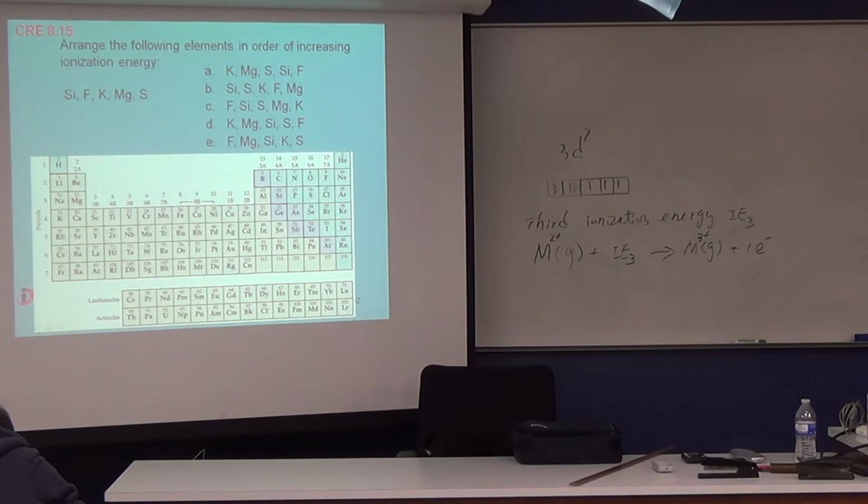So what kind of atom will have the lower or smaller IE1? The final answer is D? So why is D? I think D is right. So you want to find one that has a smaller IE, so increasing order. Increasing order, that means you want to start with a smaller IE.